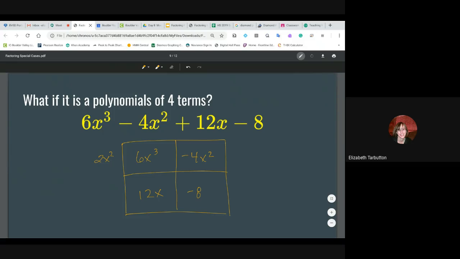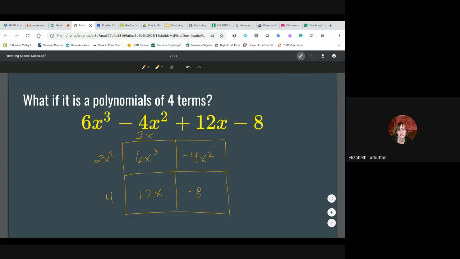So then we ask what multiplies by 2x squared to make 6x cubed, and that would be 3x. Then we can ask what multiplies by 3x to make 12x, and that would be 4.